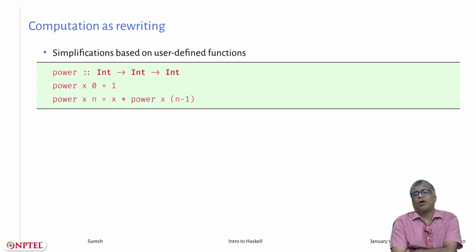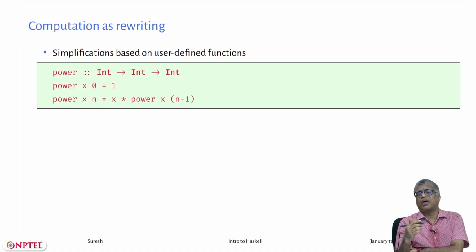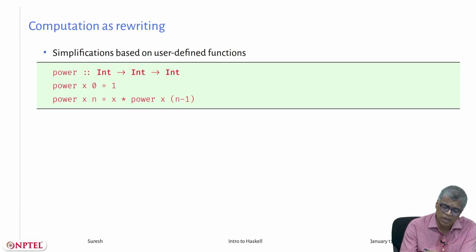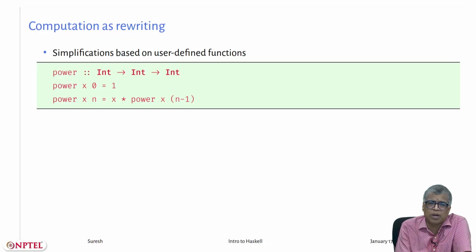Now this alone will not suffice, otherwise what is the point of writing programs? So user defined programs also define simplifications. Functions defined by users, defined by us, they really tell Haskell what kind of simplifications to perform. Here is an example. Power, which is a function I am defining of type Int arrow Int arrow Int.